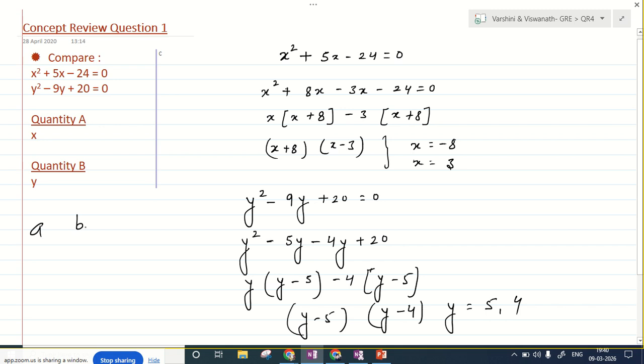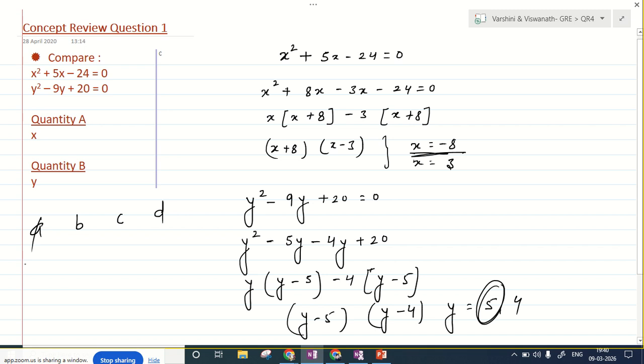Now how many options do we have? A, B, C, D. What is option A called? Remember, A is greater. When do we choose B? B is greater. When do we choose C? Both are equal. When do we choose D? Not possible. Okay. Now let's compare 8 and this one. Can you compare, no? Which is greater?